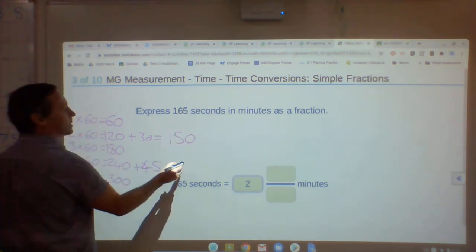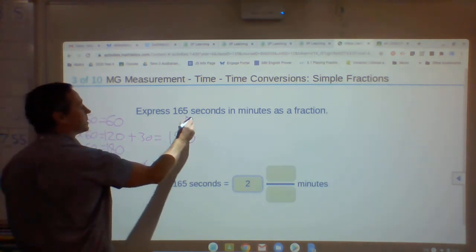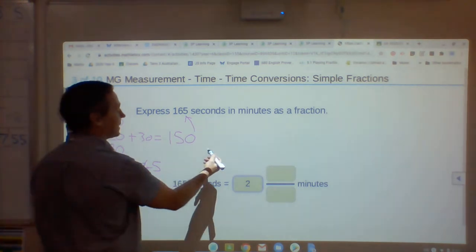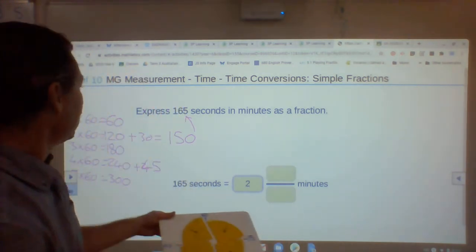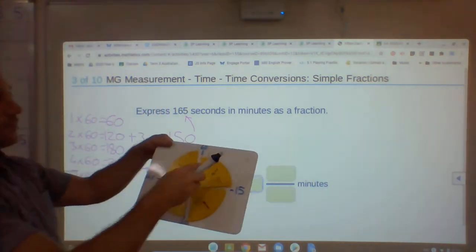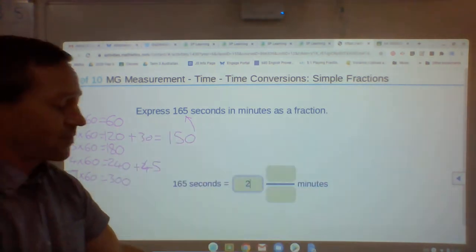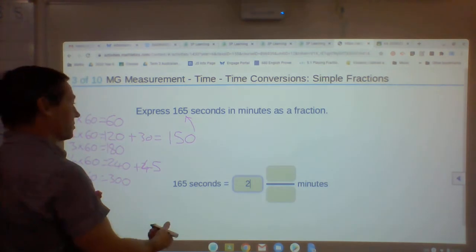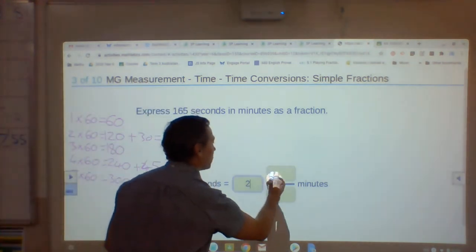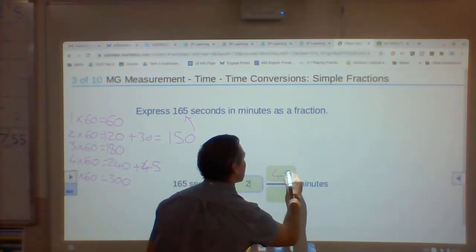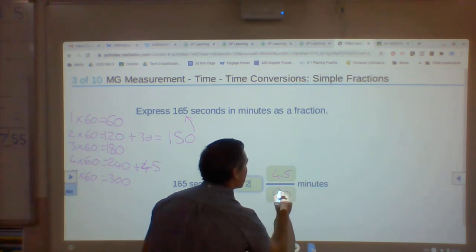Still not enough. How much of a jump up to there? It's 15. So that must mean 120 plus 45. So I guess you could say you're putting in 45 out of 60.